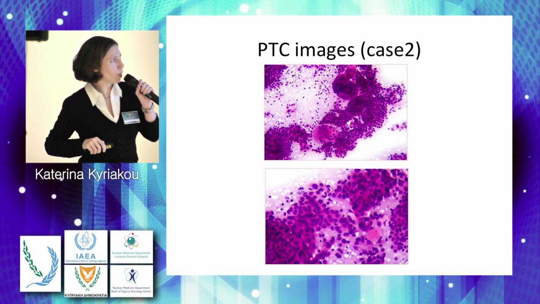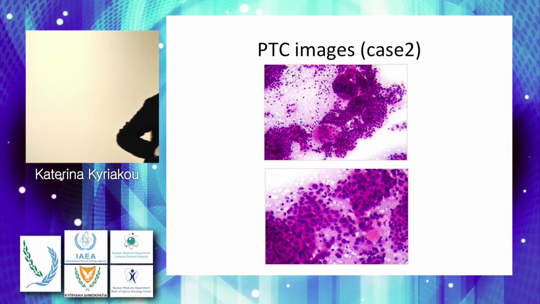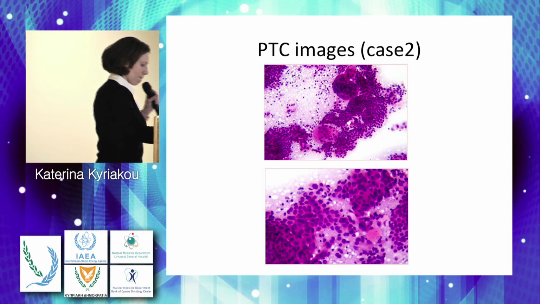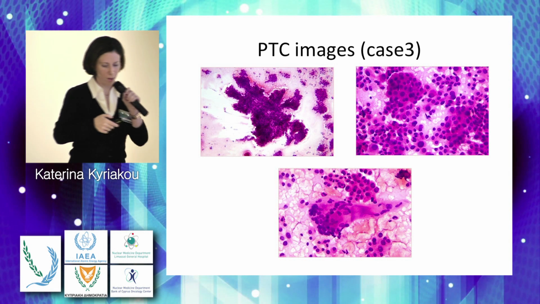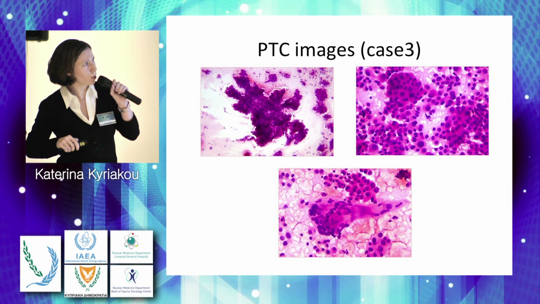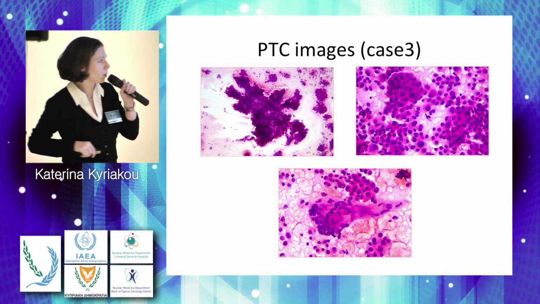Here we have another image, the giant cells here, and some of the inclusions here. And the next case, the papillary architecture, and here we see the giant cell and neoplastic cells.